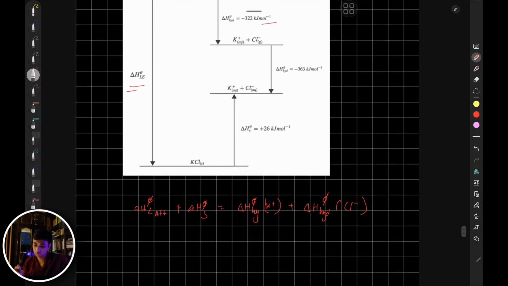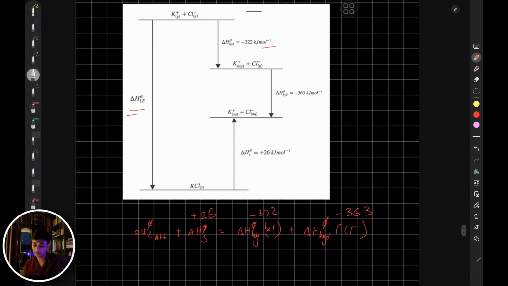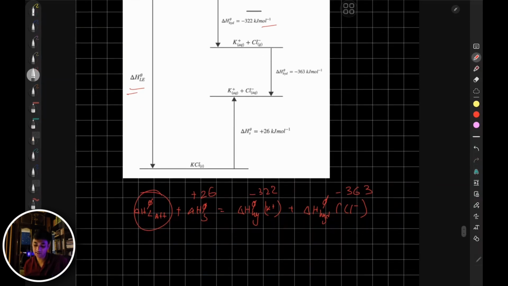So from this, you know minus 322, and you know minus 363, and you know solution which is plus 26. So from this, if you make del H lat the subject, you get the value for lattice energy of formation.